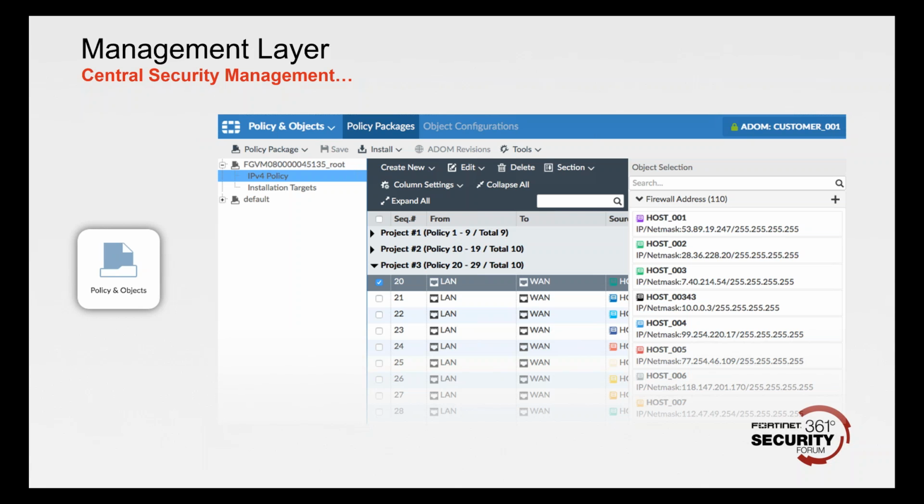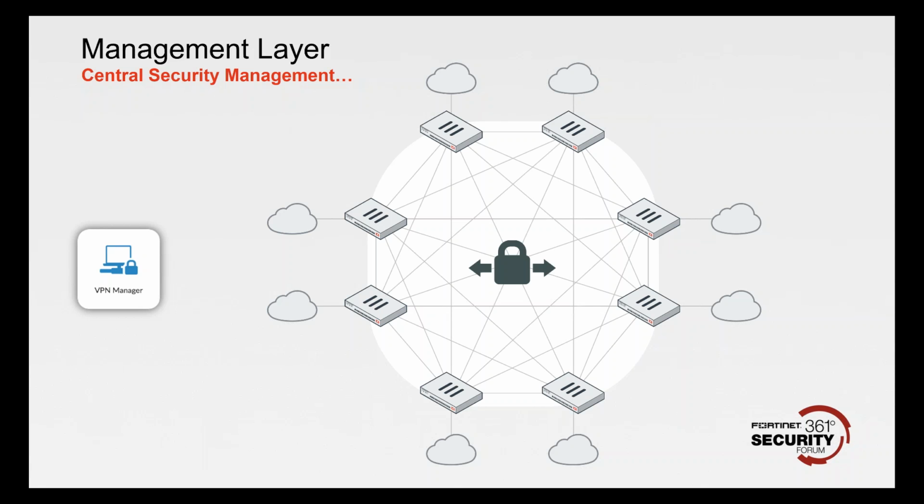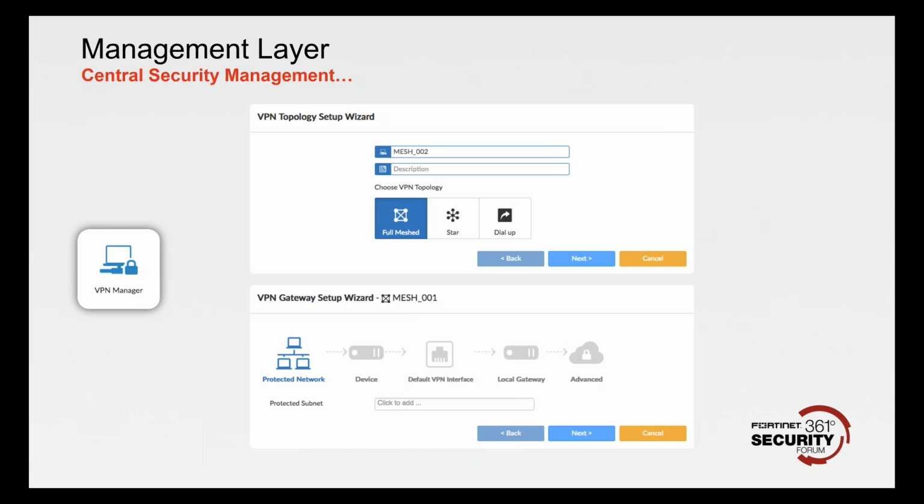I mentioned VPNs, so there are also some VPN tools in there, a VPN Manager. This effectively allows you to set up and configure your VPN capabilities. So it allows you to look at the VPN setup, use a VPN wizard, and go through and configure your topology and how you actually want your VPNs to work.